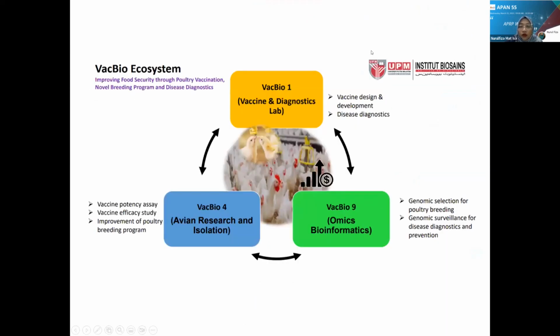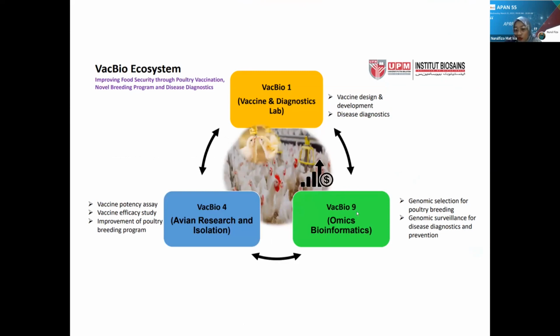Okay, so this is the ecosystem for our laboratory, where previously we focused more on vaccines and diagnostics, which means we design and develop vaccines, and also do some services on disease diagnosis.